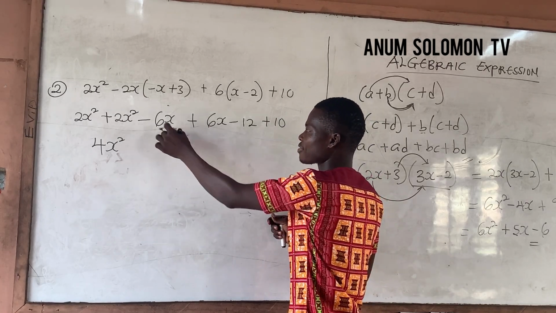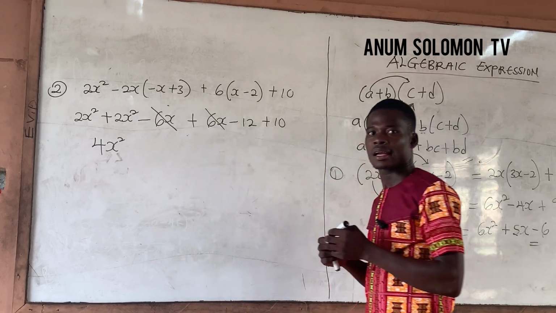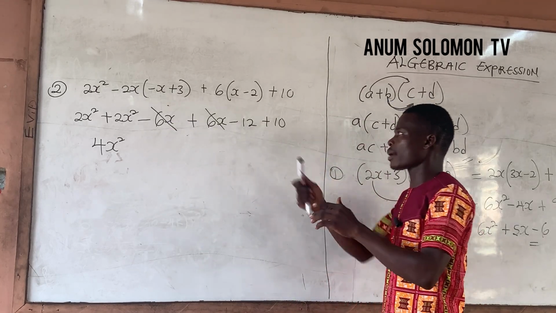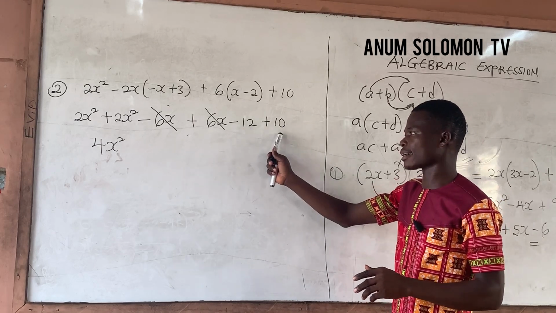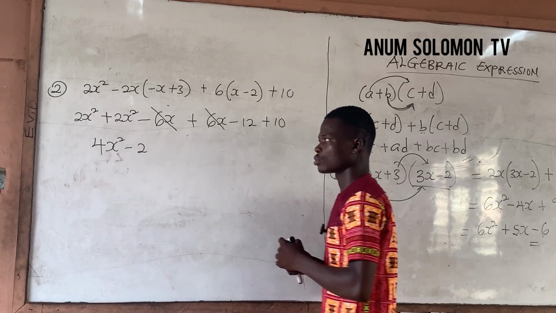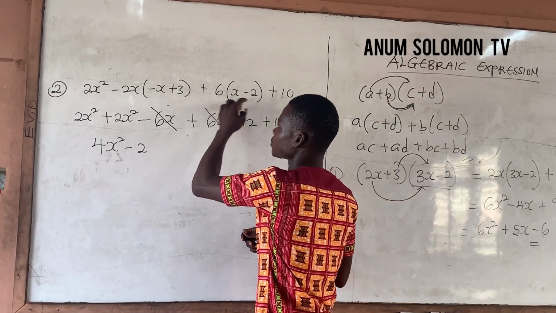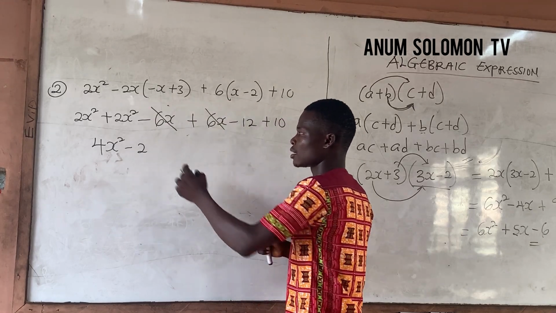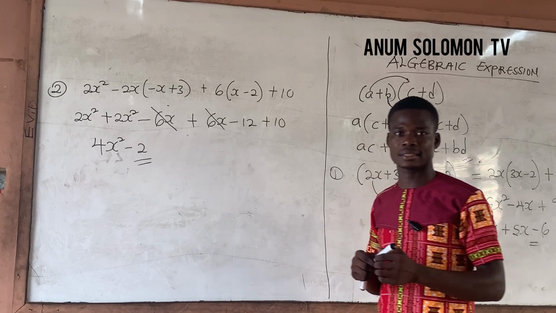Since we have negative 6 and positive 6, they will cancel each other, and it will leave us with minus 12 plus 10. Minus 12 plus 10 is negative 2. So therefore, when you expand this expression and simplify, this is the final answer you will get.